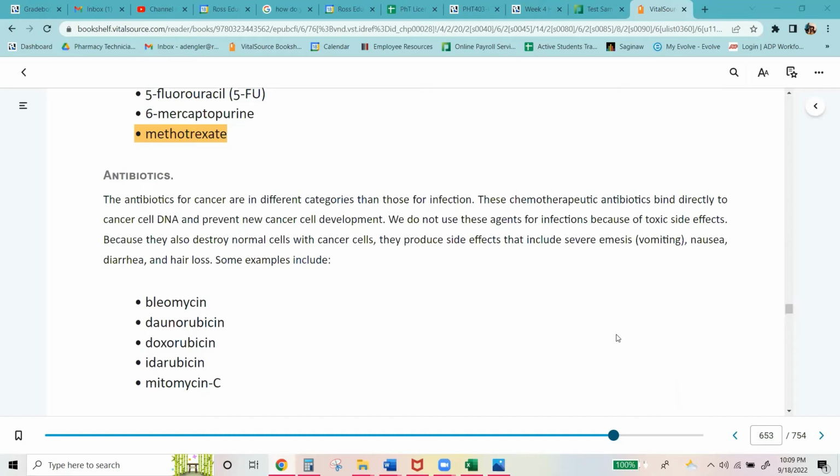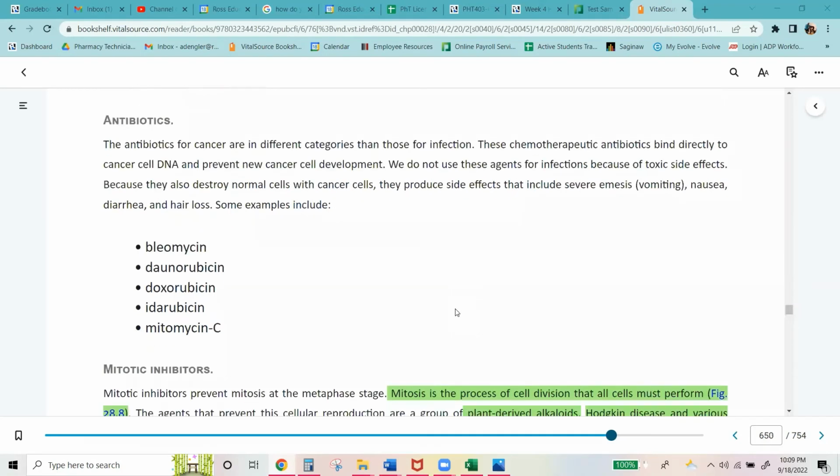We do not use these agents for infections because of toxic side effects, because they also destroy normal cells along with cancer cells. They produce side effects that include severe vomiting, nausea, diarrhea, and hair loss. Some examples are bleomycin and doxorubicin.